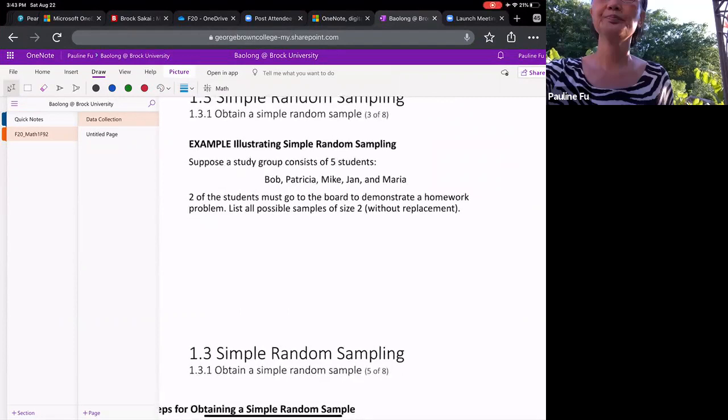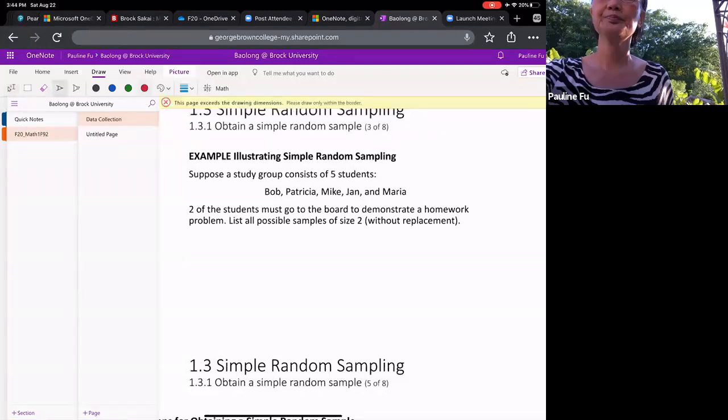Suppose a study group consists of 5 students: Bob, Patricia, Mike, Jane, and Maria. 2 of the students must go to the board to demonstrate a homework problem. List all possible samples of size 2. So we need to choose all possible samples of size 2.